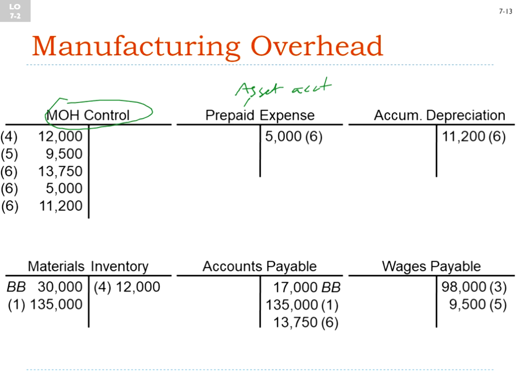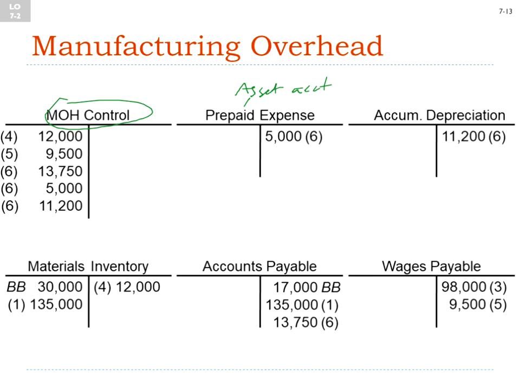Right. So usually prepaid expense is going to have a debit balance, but in this case, the prior slide said that we were using up prepaid factory expenses, right?